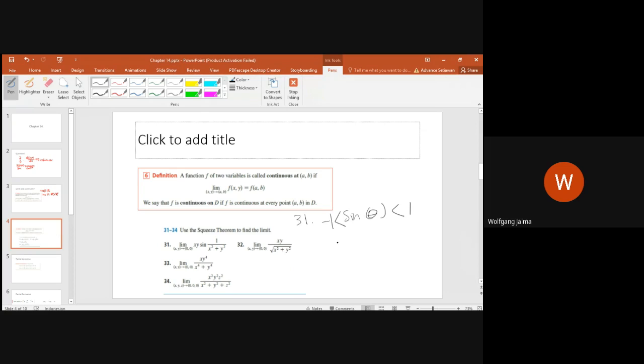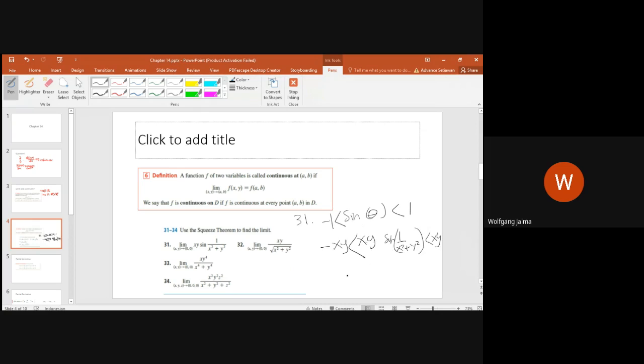So in this case, we can squeeze xy sine of 1 over x squared plus y squared by minus xy and xy, because the value cannot be bigger than both.